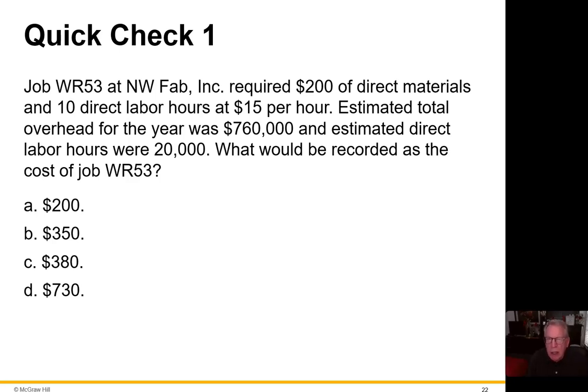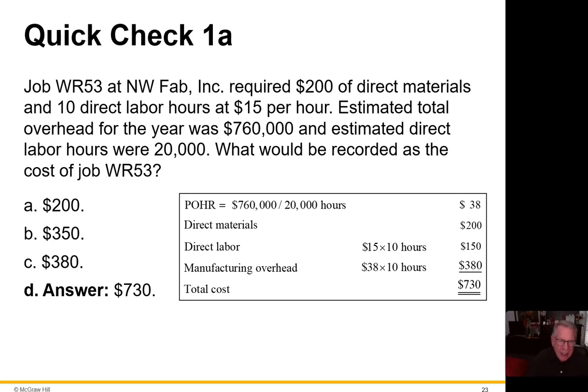Okay, so we would first calculate $200 of direct materials. That would be in there. And then we would have $150 of direct labor. I'm up to $350. I could probably just guess that it's $730, which it is, because we would need that much in overhead costs.